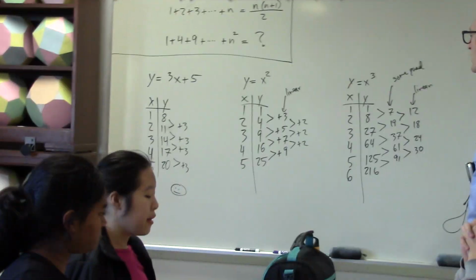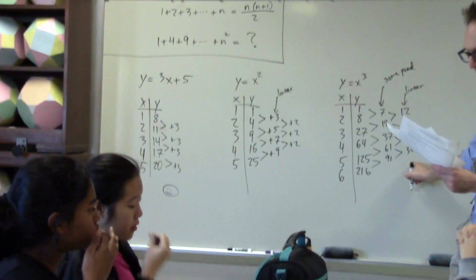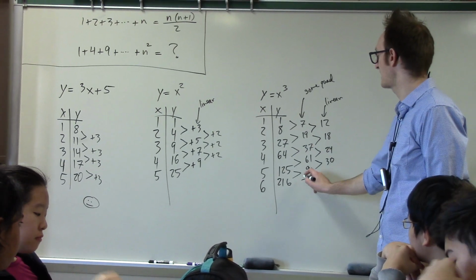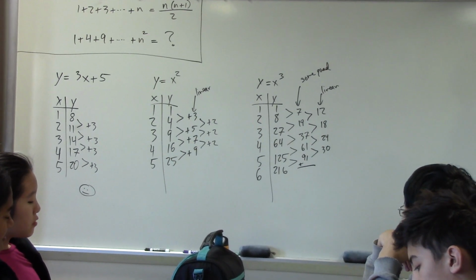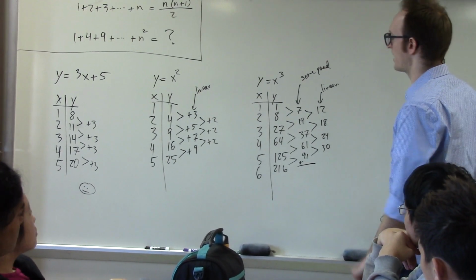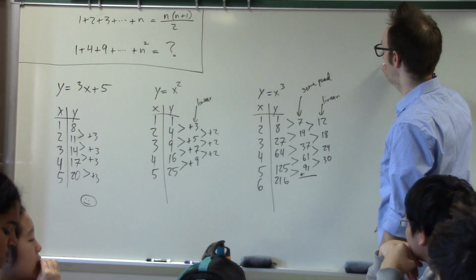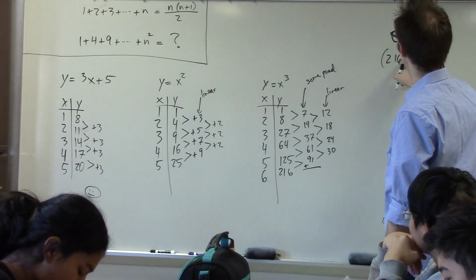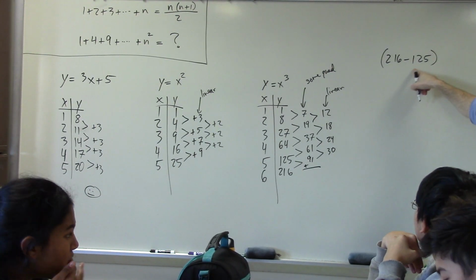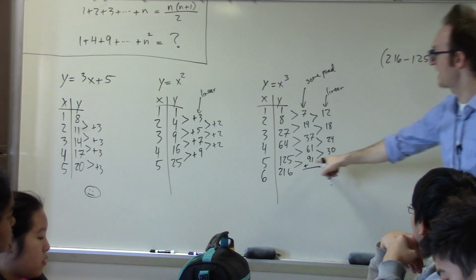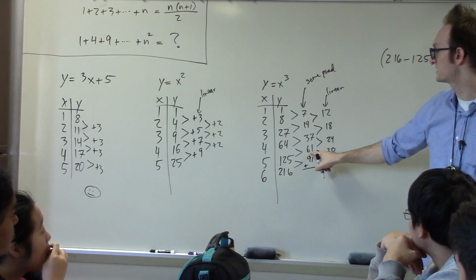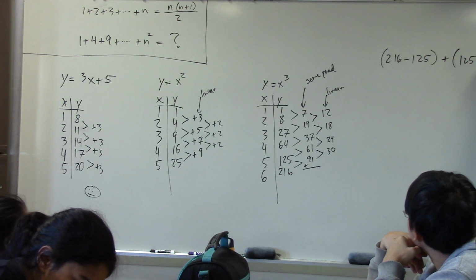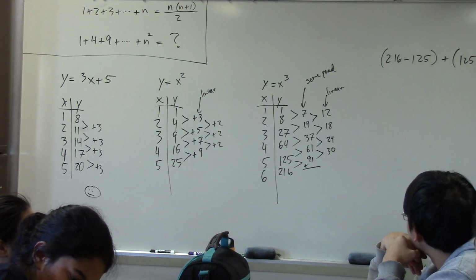So if I add up all these numbers, 7, 19, 37, 61, 91, I can think of what I'm doing as adding up 216 minus 125, in other words 6 cubed minus 5 cubed, which is what 91 is, plus 61, which is 125 minus 64, in other words 5 cubed minus 4 cubed, yeah?